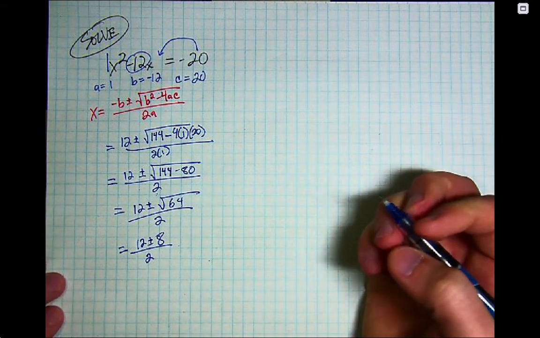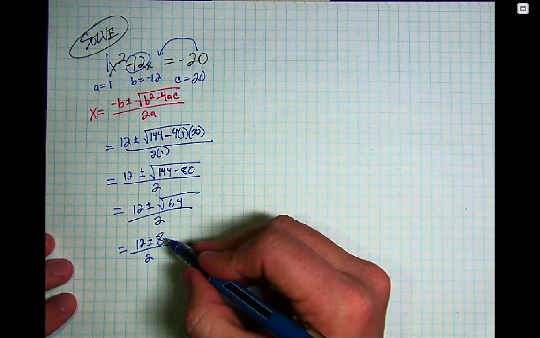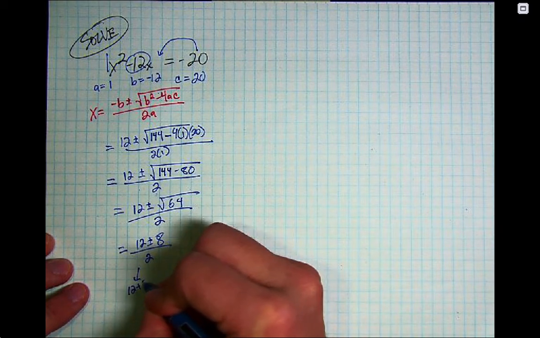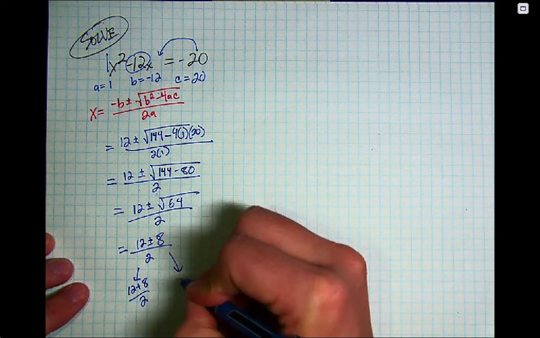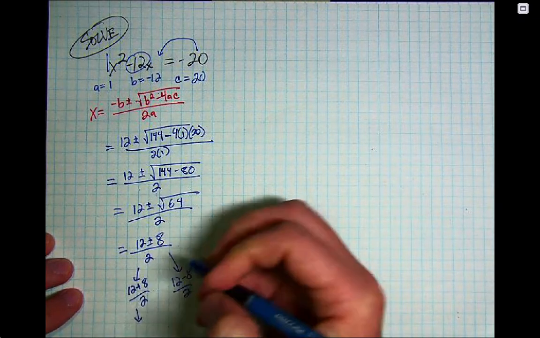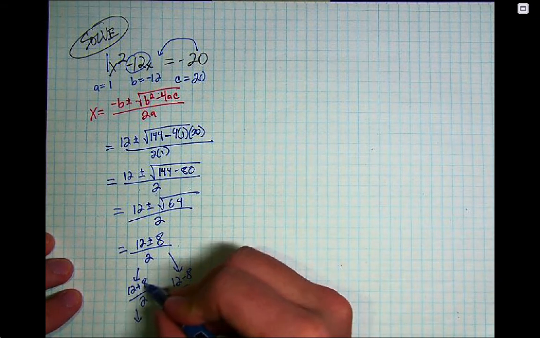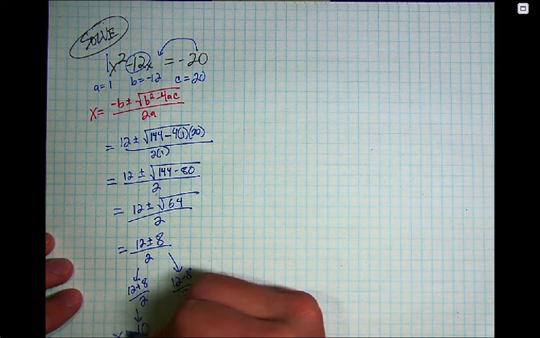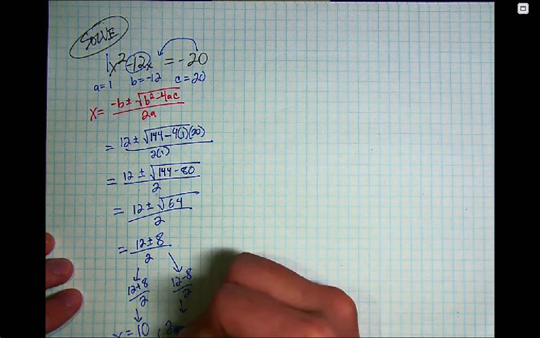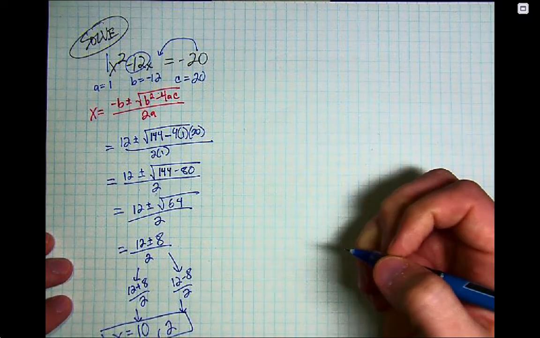So what are my solutions to this equation? 12 plus 8 over 2, and 12 minus 8 over 2, which are 20 over 2, which is 10, and 4 over 2, which is 2.